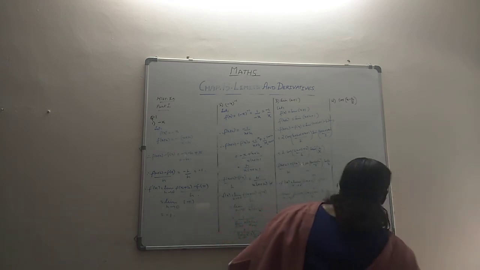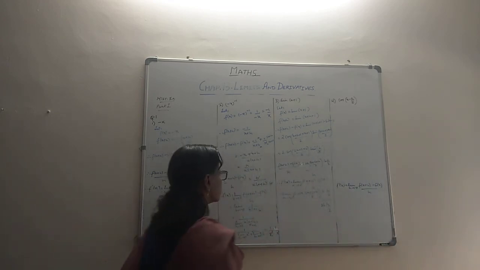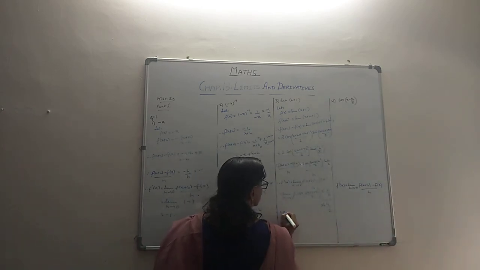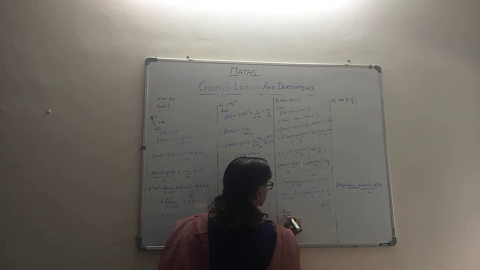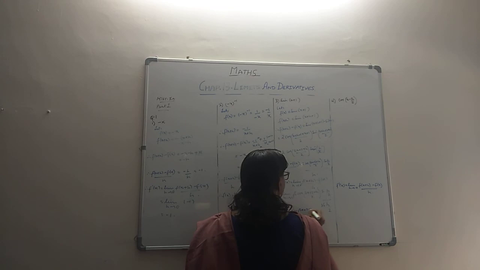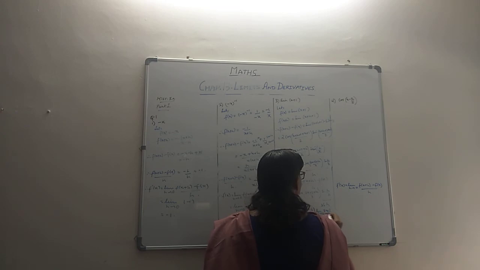So net effect, this limit can distribute over both the terms. This will come as limit as h goes to 0 cos 2x plus 2 plus h by 2, and limit as h by 2 goes to 0 sine h by 2 by h by 2.